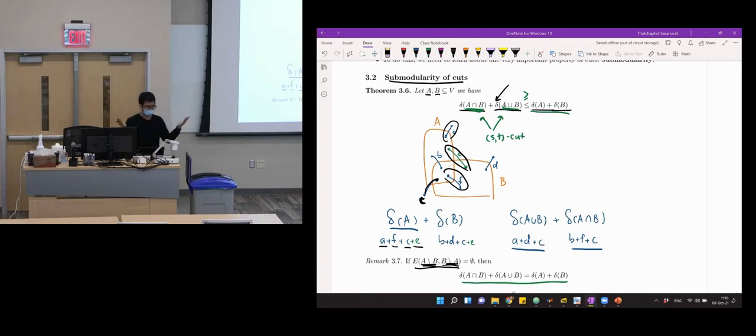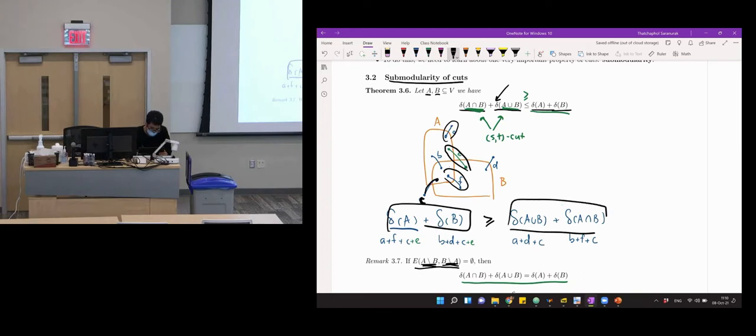And I just do this and compare them, and then it turns out that comparing all the terms here, this part is at least the other side here.